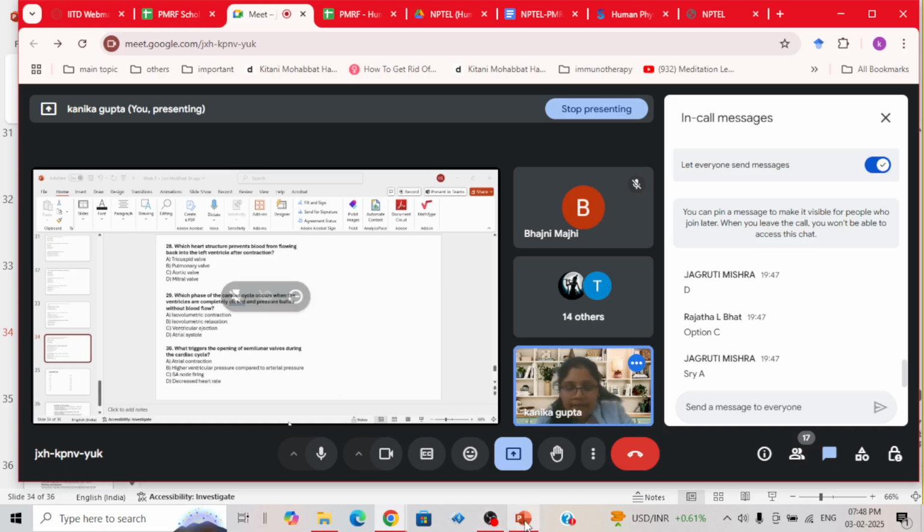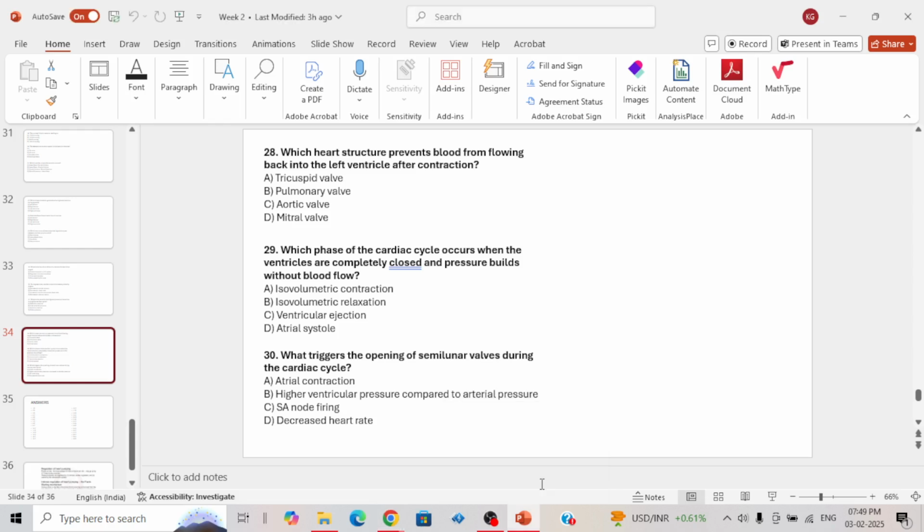Okay. So the next question is, which phase of cardiac cycle occurs when the ventricles are completely closed and pressure builds without blood flow? बताइए. इस चीज पे हमने आज थोड़ी डिस्कशन भी की है.